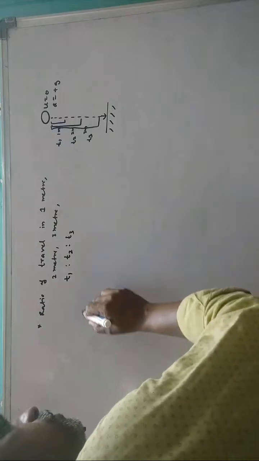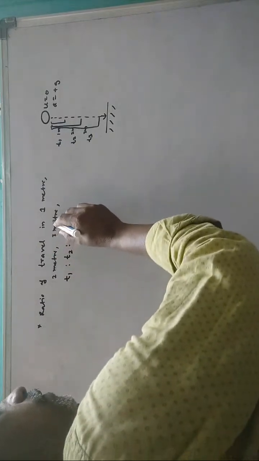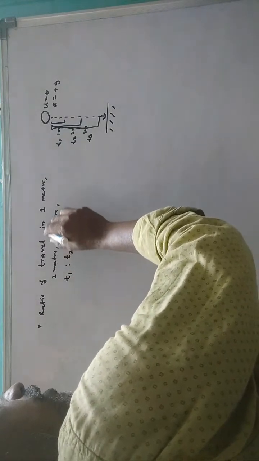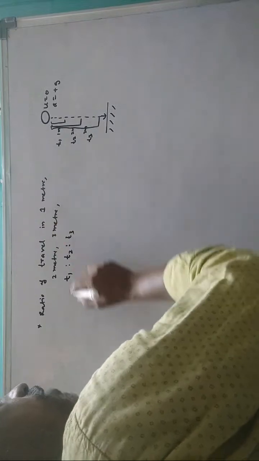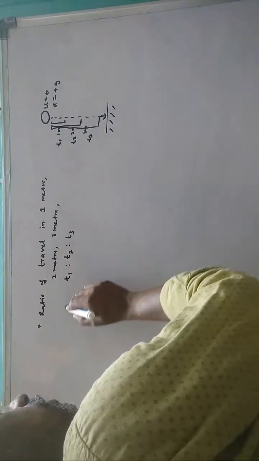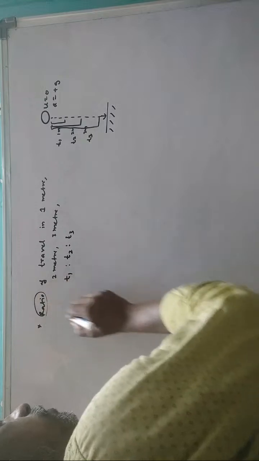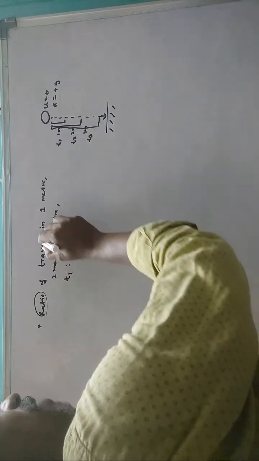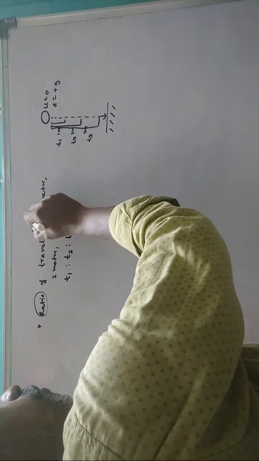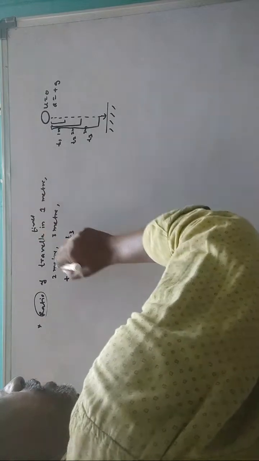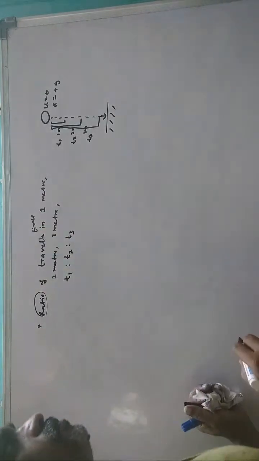So for this one, the ratio of travel in 1 meter, 2 meters, 3 meters, times taken. What we have to find is the ratio of traveling time in the first 1 meter, 2 meters, 3 meters.